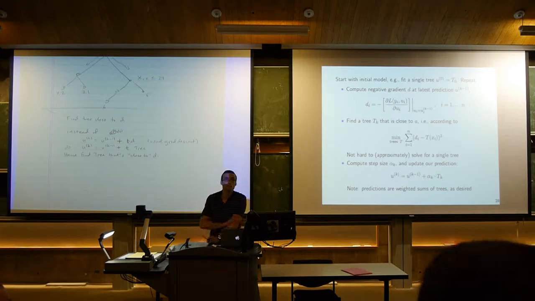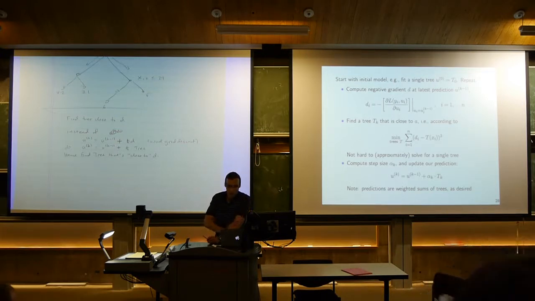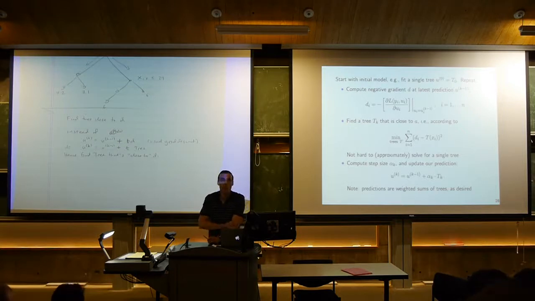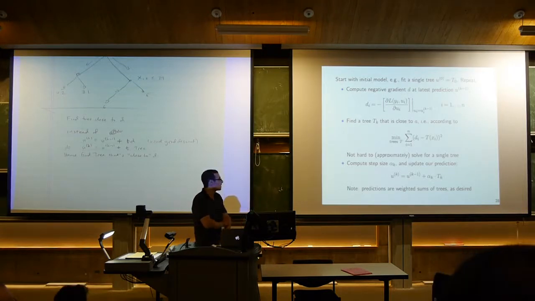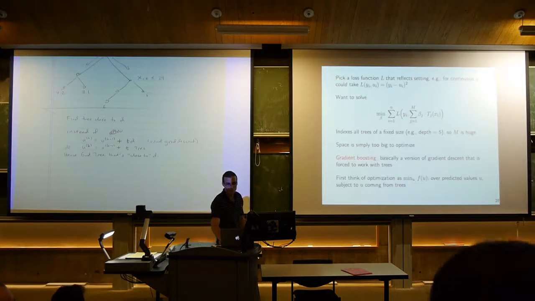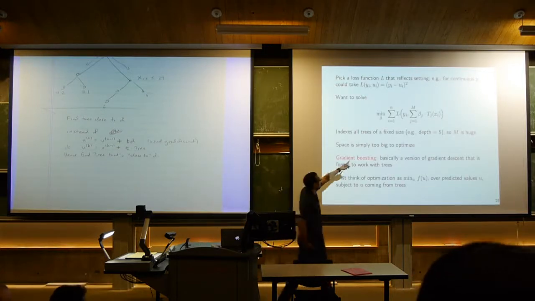Can you talk about the convergence of this? It's a good question. I guess it depends in what sense you mean convergence. Almost assuredly not, that this is going to converge to the sum of trees that actually minimizes this.